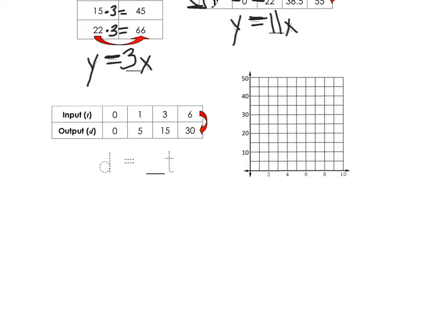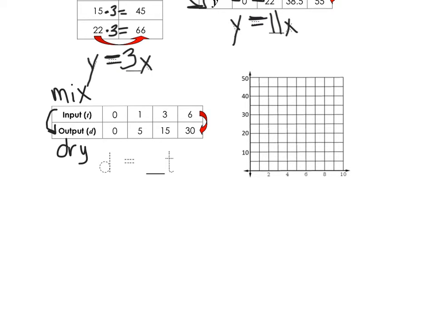Okay? All right, now let's look here. We have a table again, but remember, we always want to go from our x to our y, our independent to dependent, right? So I'm going to go from my x to my y, which is my dry is my y, and mix is my x.